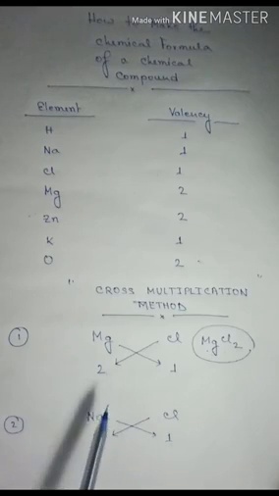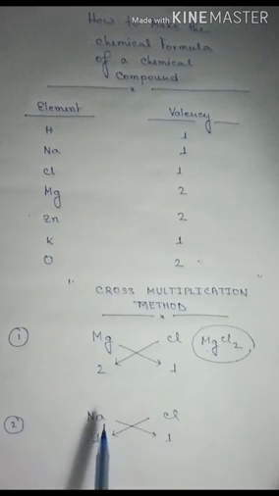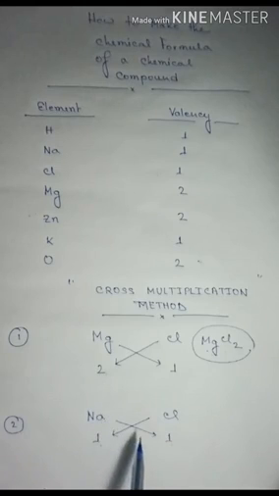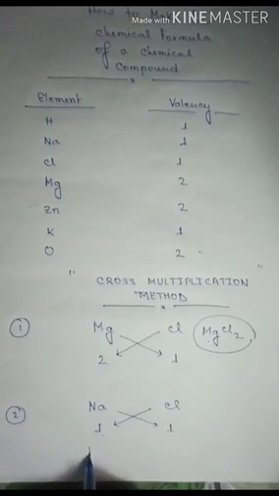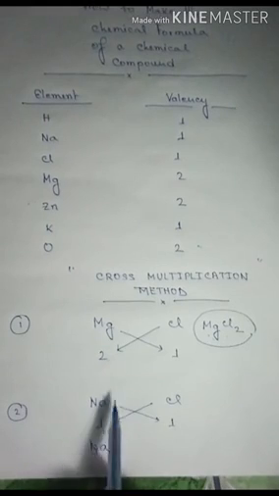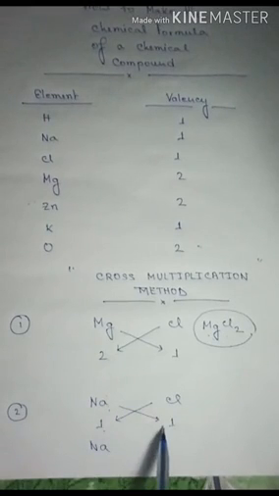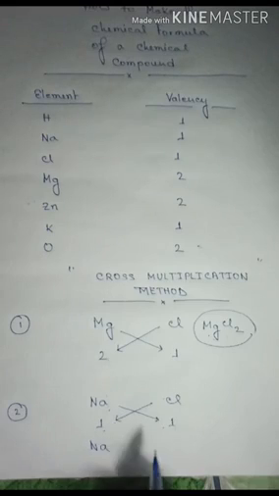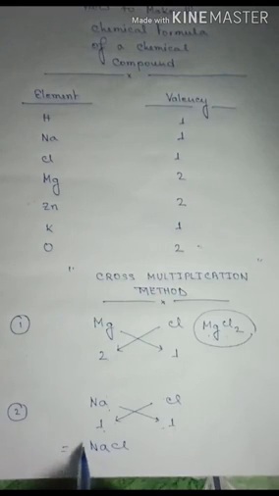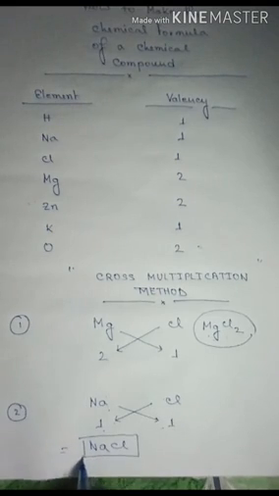So, if we cross multiply, there is an arrow from sodium to chlorine's valency 1, and from chlorine to sodium 1. Now for sodium it is 1 atom, and for chlorine it is also 1 atom. So the chemical formula is sodium chloride, NaCl.